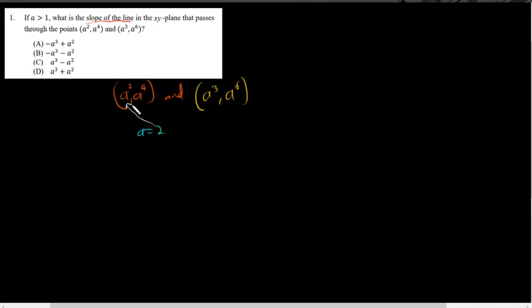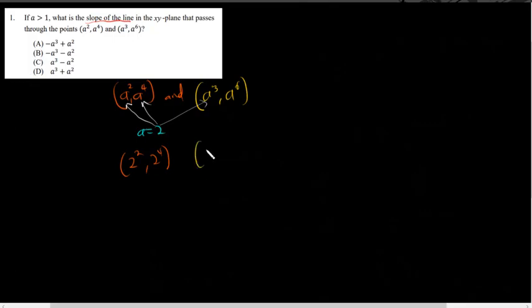So when I do that here, what am I going to get? I'm going to get 2 raised to the power 2, and if I do the same thing here, I'm going to get 2 raised to the power 4. So that is the first point here. If I do the same thing here, what am I going to get?